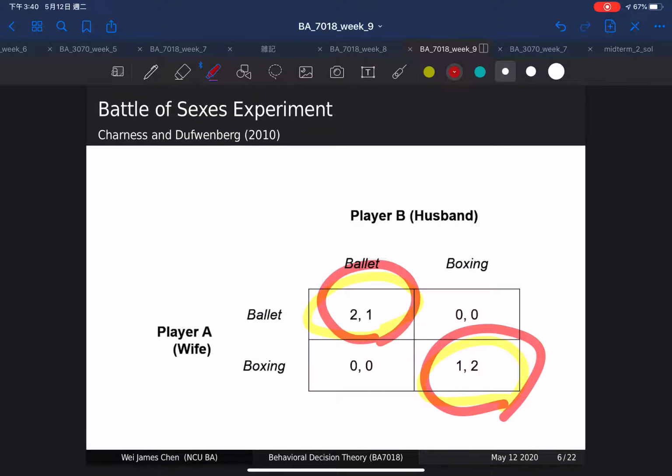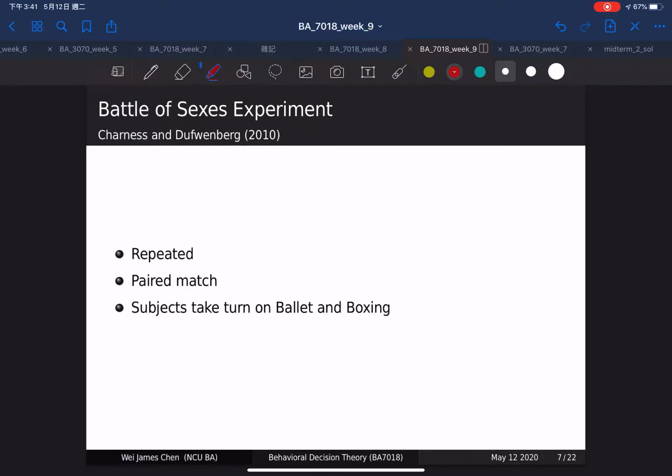So they basically take turns. One round ballet, one round boxing, and although they cannot chat with each other, they figure out this cooperation strategy.